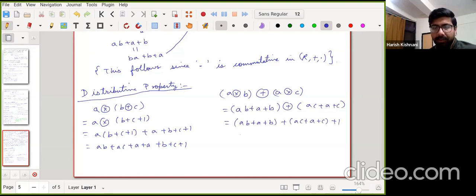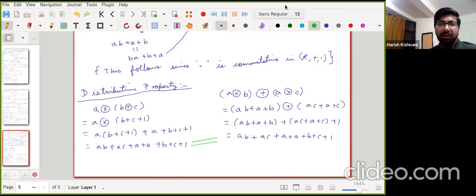And as the ring is commutative with addition in the original ring, you can just write it AB plus AC plus A plus A plus B plus C plus 1. So these two things are the same. So multiplication is distributive over the addition. So that we have checked.